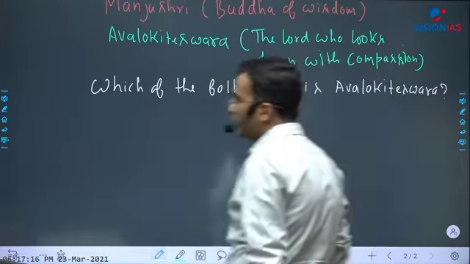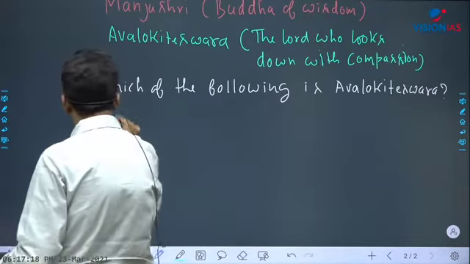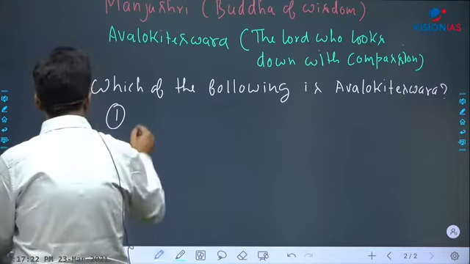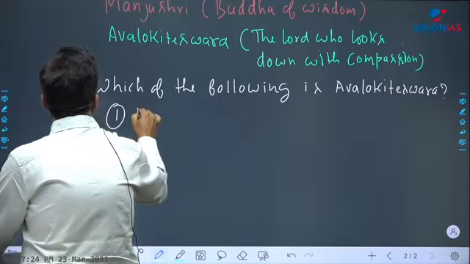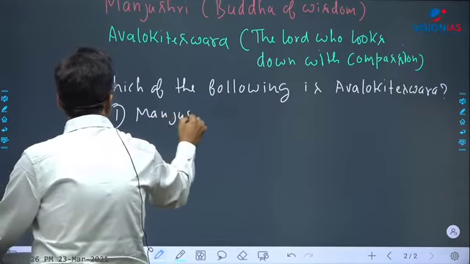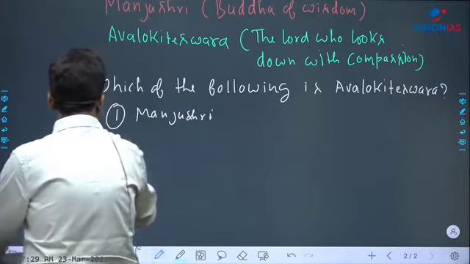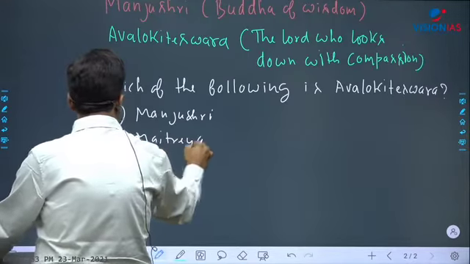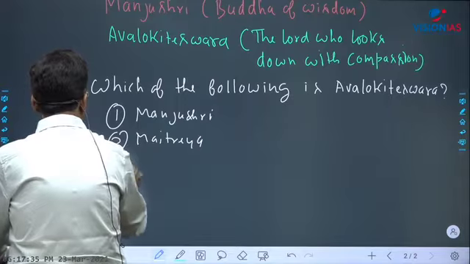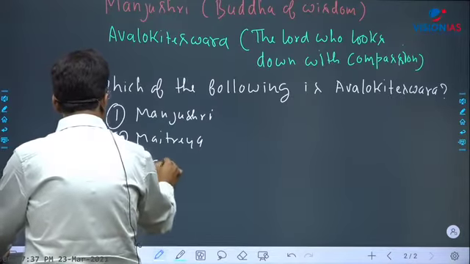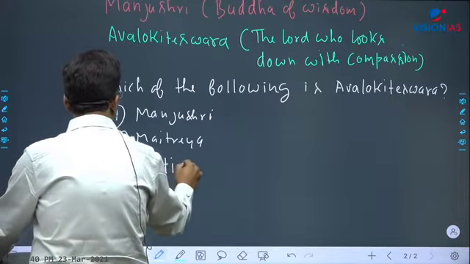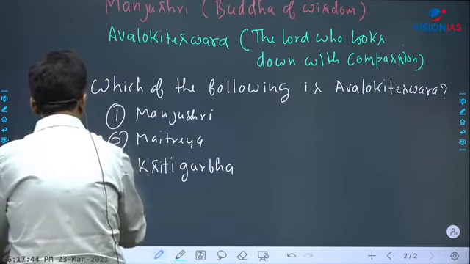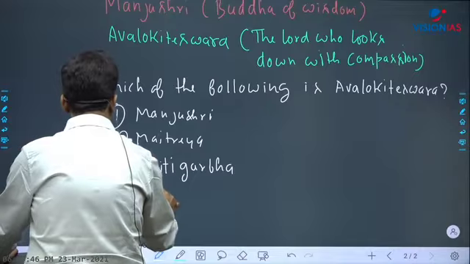First Manjushri, second Maitreya, third Kshitigarbha, and fourth Padampani.